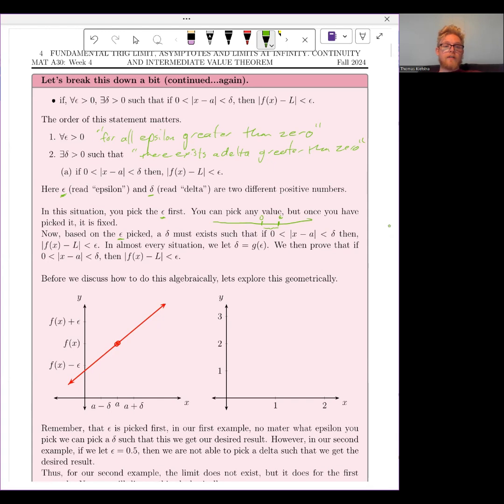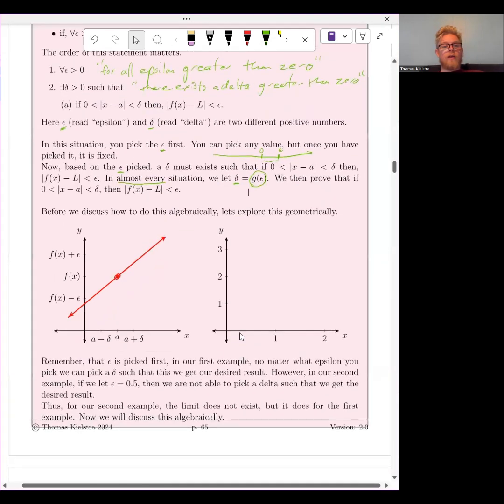In almost every situation, we're going to let delta be some function of epsilon. We don't have an exact value for delta. Given your epsilon, here's a function which determines a valid delta. And we prove that given that delta that's built using epsilon, then |f(x) - L| is less than epsilon. Now, before we discuss this algebraically, let's discuss it geometrically, okay?